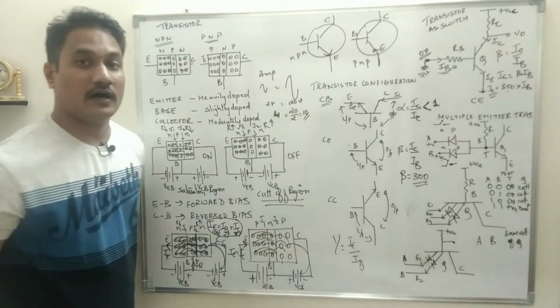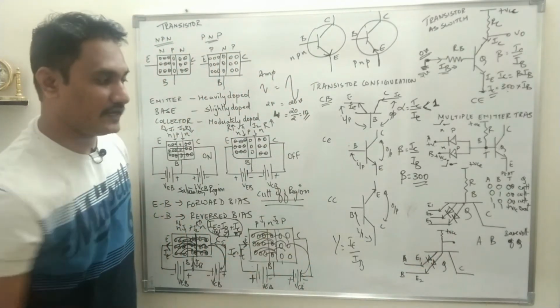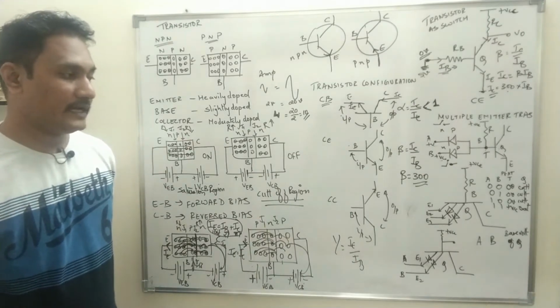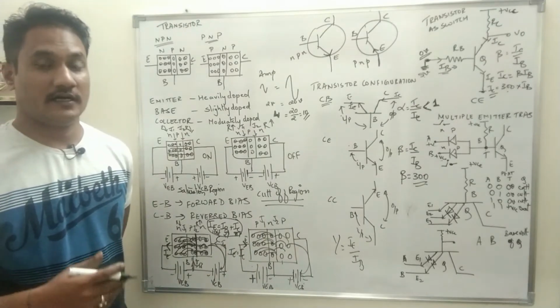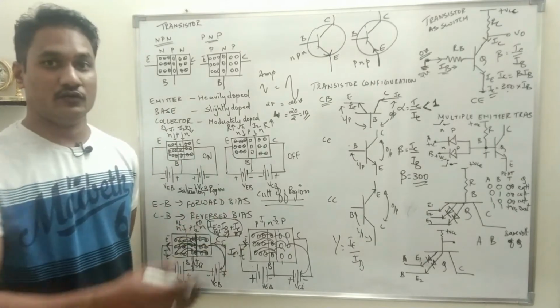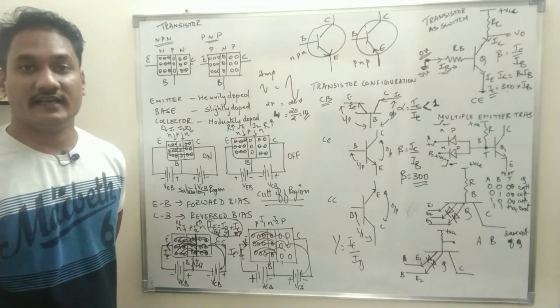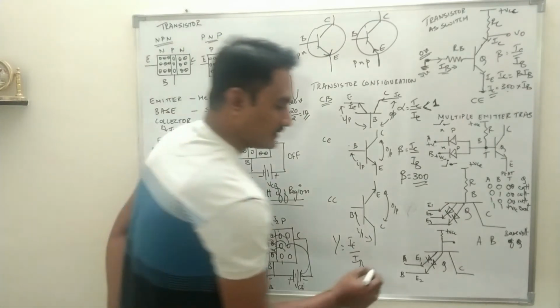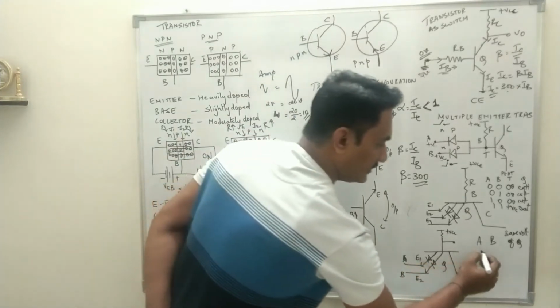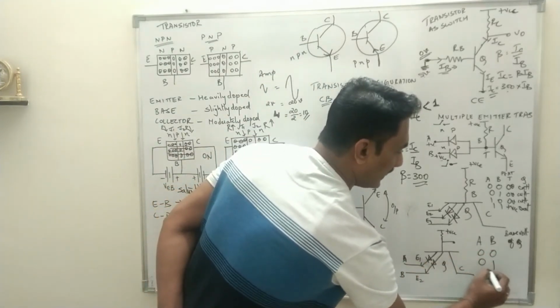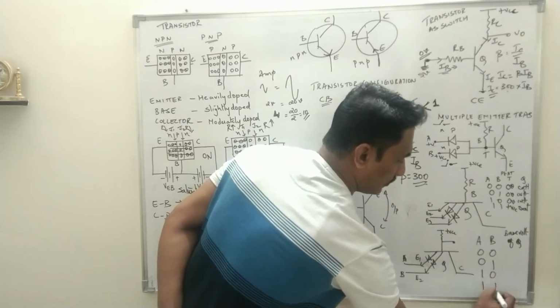Let us try to understand the operation of that multiple emitter transistor, because this is what we are going to use in a TTL logic family. So see, this is A and this is B. How many possible combinations for A and B? 00, 01, 10, 11.